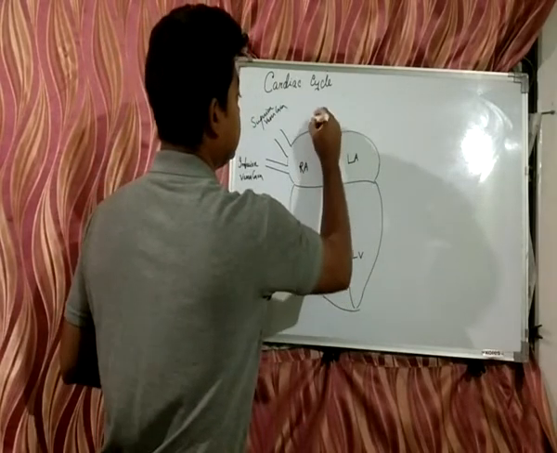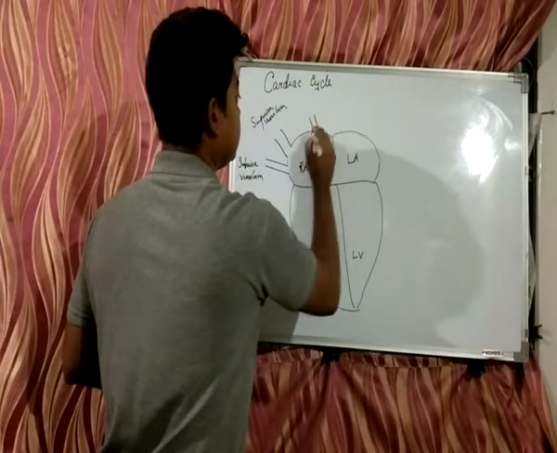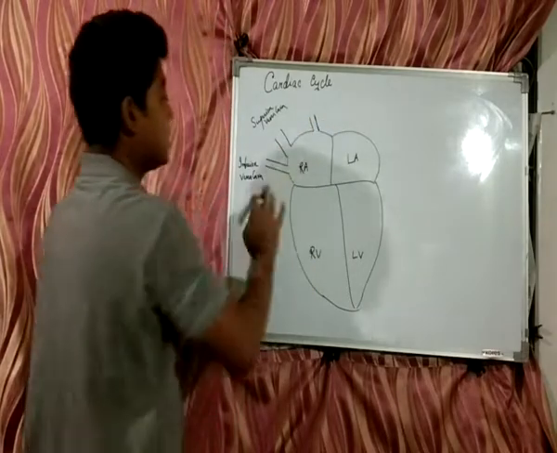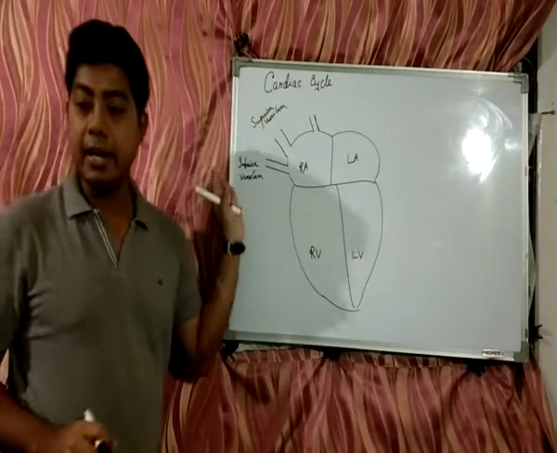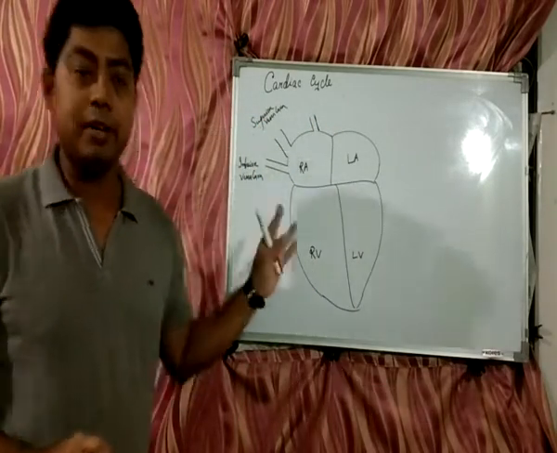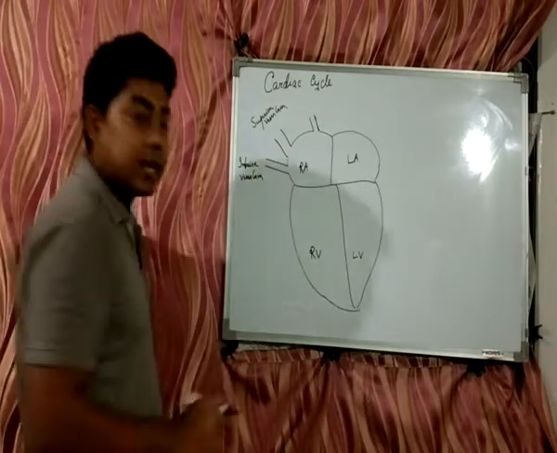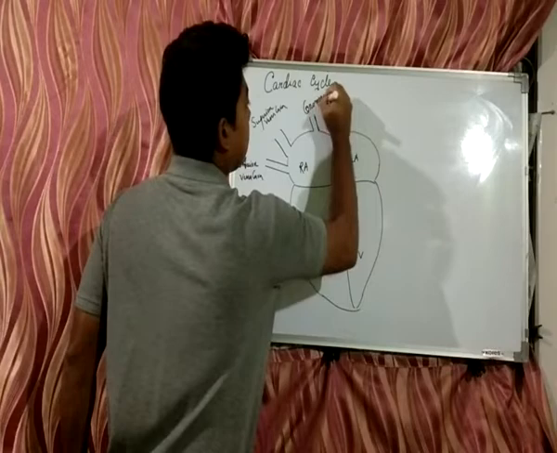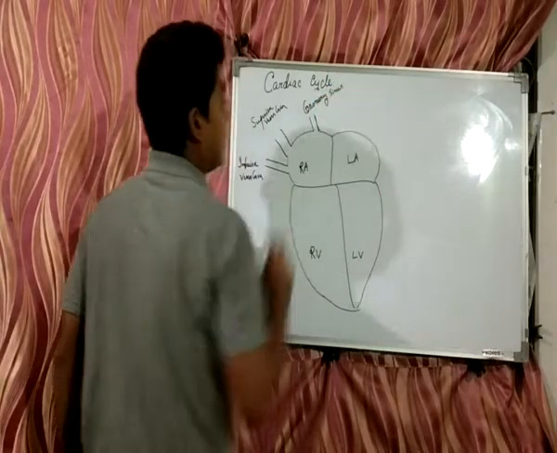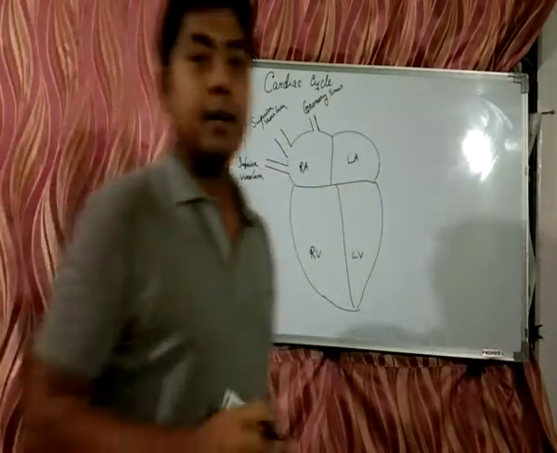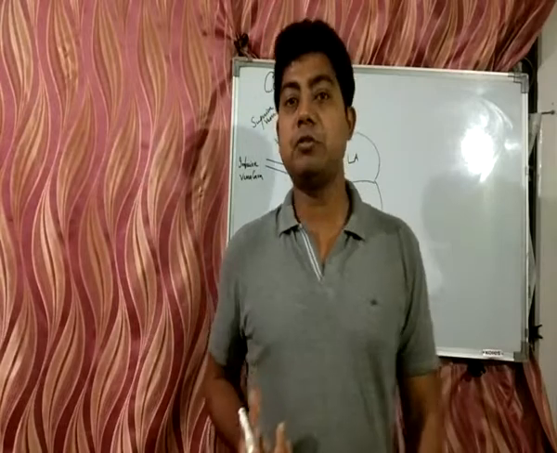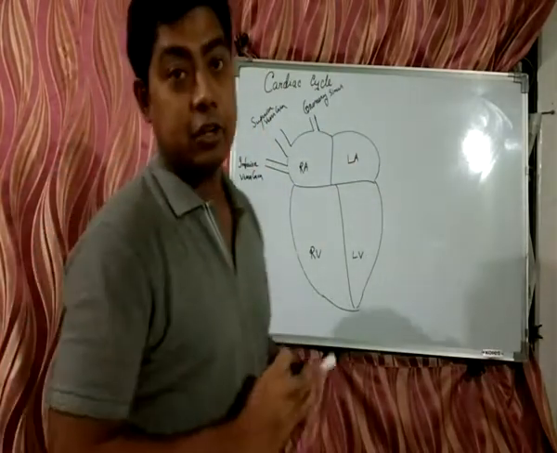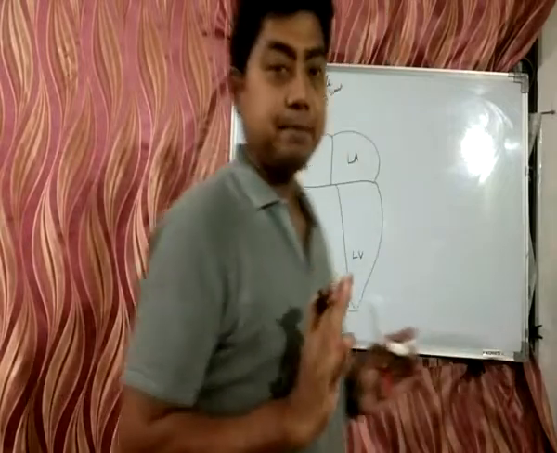I already discussed the function of the superior vena cava and inferior vena cava. Now the third one is called the coronary sinus. The coronary sinus carries deoxygenated blood from the heart, and the superior and inferior vena cava carry deoxygenated blood from the whole body system.